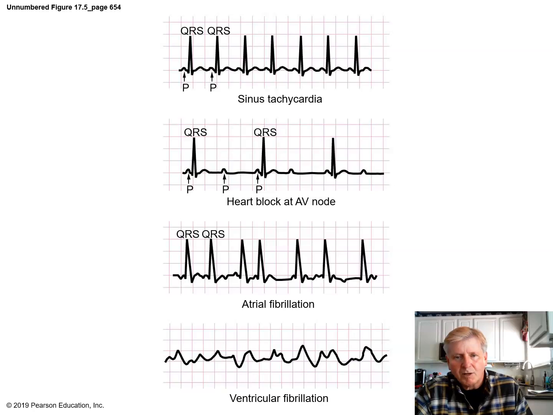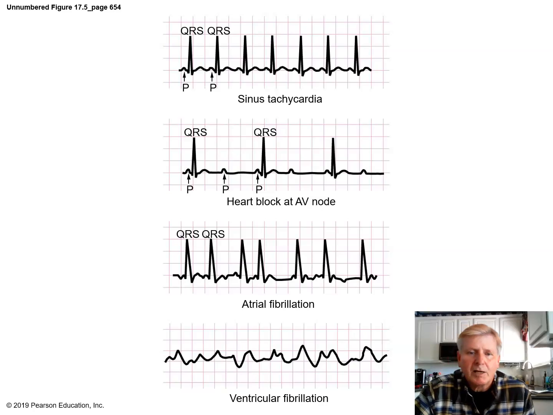And that's followed by a T wave, and then you get your ventricular repolarization. Then you get another P wave, but it's not followed by a QRS complex. So apparently the action potential did not spread to the ventricles to get a contraction, a depolarization, repolarization. And then you get another P and QRS complex. So you dropped a beat.